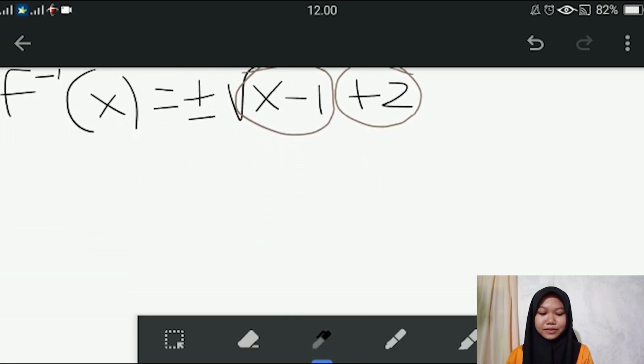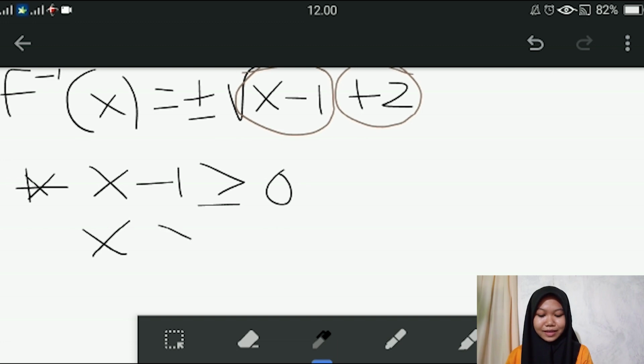Because x minus 1 is in the root, it means that it has a condition. The condition is x minus 1 is greater than or equal to 0. It means x is greater than or equal to 1.